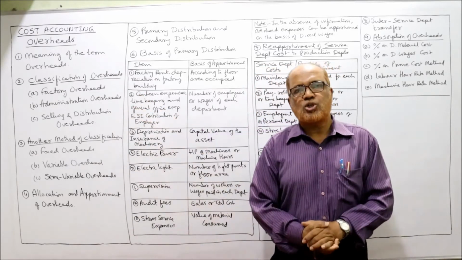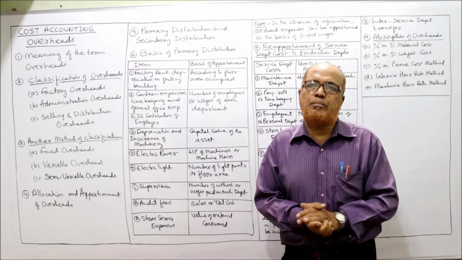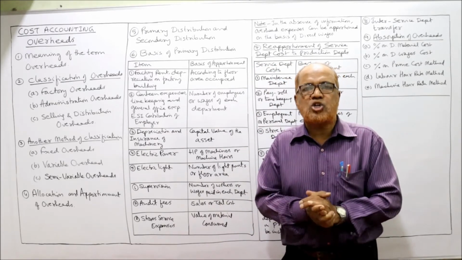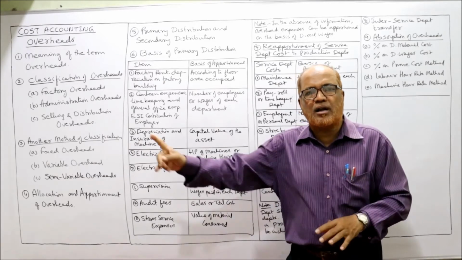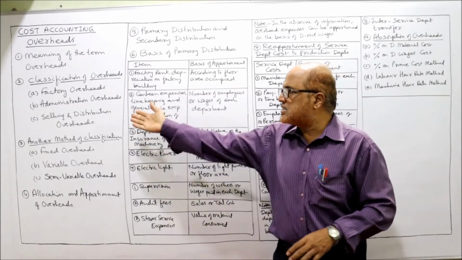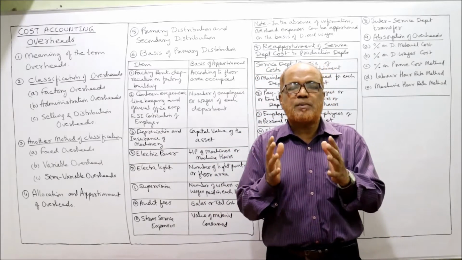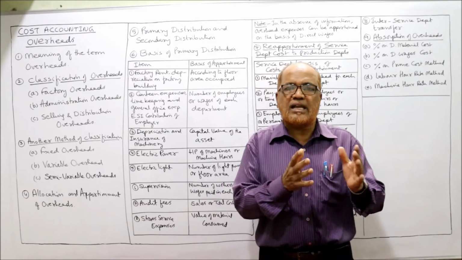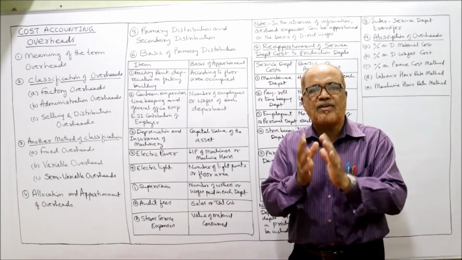Secondly, administration overhead, the overhead incurred in administering and managing the business. The office expenditure, administration, management expenditure, these overheads will come under administration overhead. Third, selling and distribution overhead, marketing and sales. The expenditure incurred on marketing and sales will come under selling and distribution overhead. This is one classification of overhead.